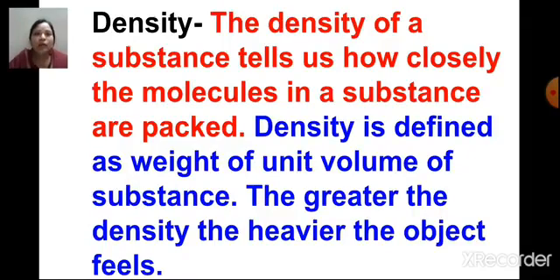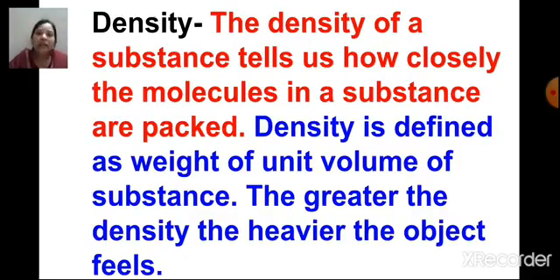Okay. Now, what do you understand by density, children? The density of a substance tells us how closely the molecules of substance are packed. And what is density? Density is defined as weight of unit volume of a substance. Repeat with me. What is density?